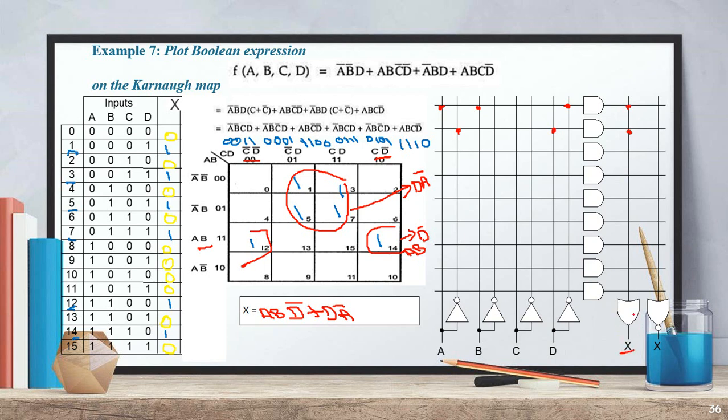This is how you can plot the truth table, KMAP and logic diagram from the equation. You have to remember that if any equation is given that is not in canonical form, your aim is to convert it into canonical form, and only then can you draw the KMAP. Otherwise it is not possible.